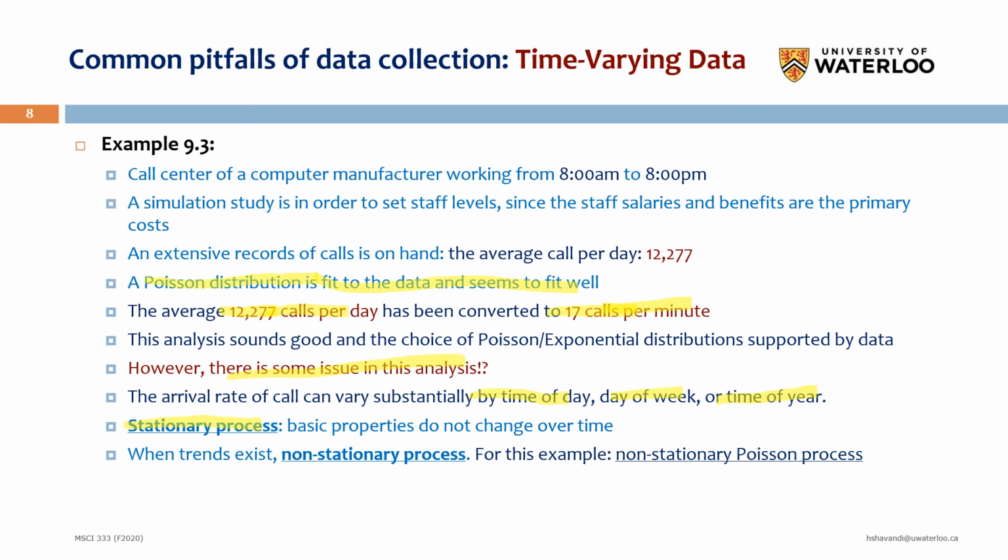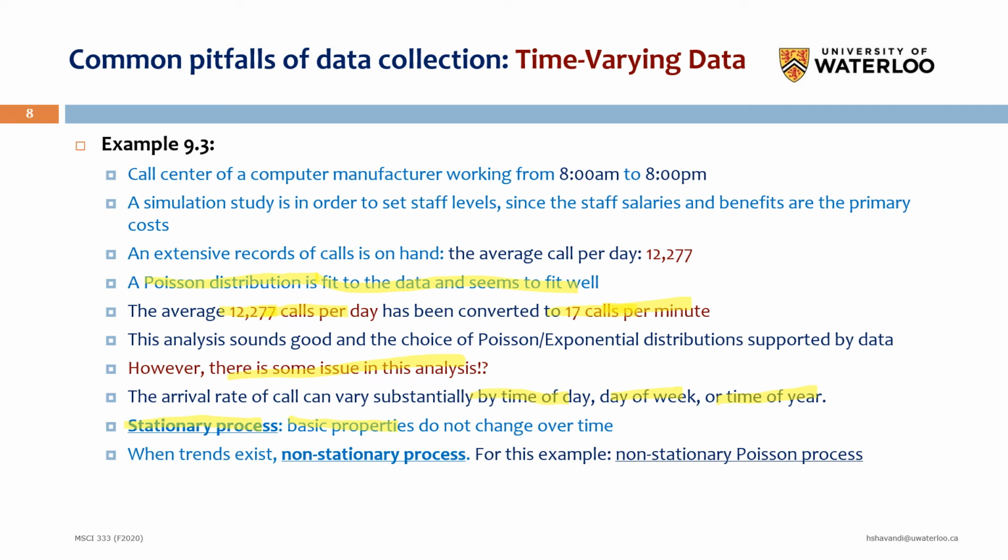No, because in a stationary process, we assume that the basic properties do not change over time. But here we see they are changing, right? We will certainly have a different arrival rate by time of day, day of week, or time of year.